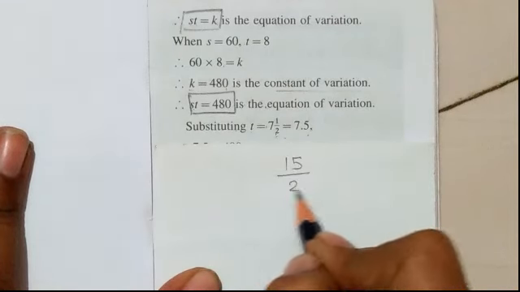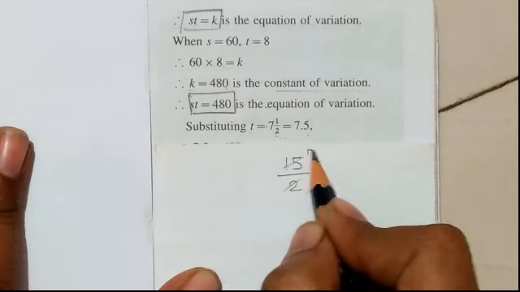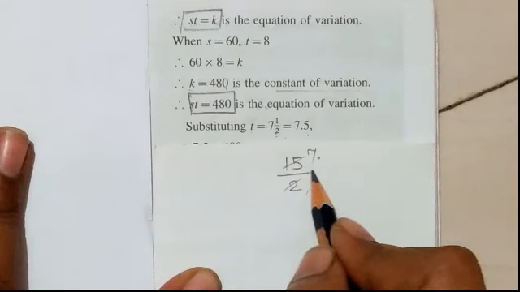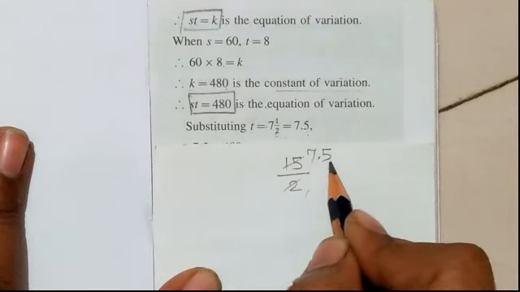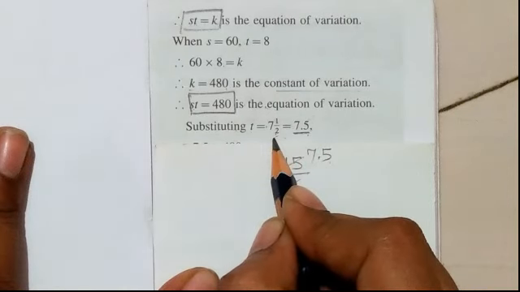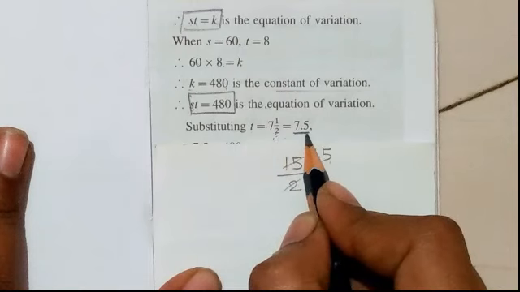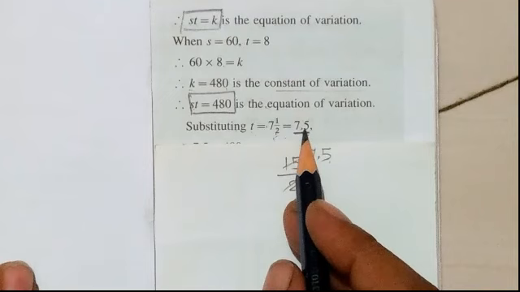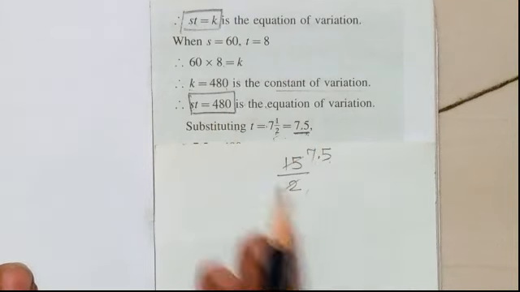That will be 15 upon 2. 2 1s are 2, 2 7s are 14, 2 5s are 10. So 7.5 is the decimal form of 15 upon 2. Got it students? How are we getting this 7.5? Now this 7.5 we are going to use in this equation.